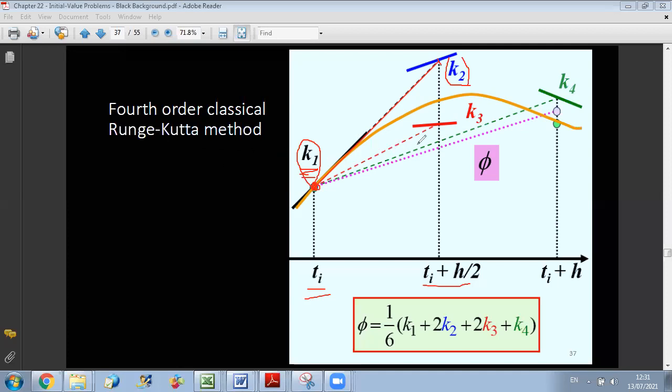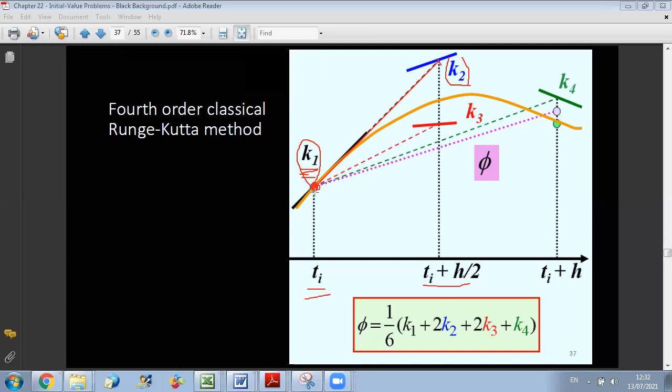While in the Runge-Kutta method, no, I correct again for the midpoint. As I told you before, when we just say midpoint method, it doesn't involve correction. But I can enhance it if I do correction. From here, the Runge-Kutta method will first correct a first time for the midpoint.